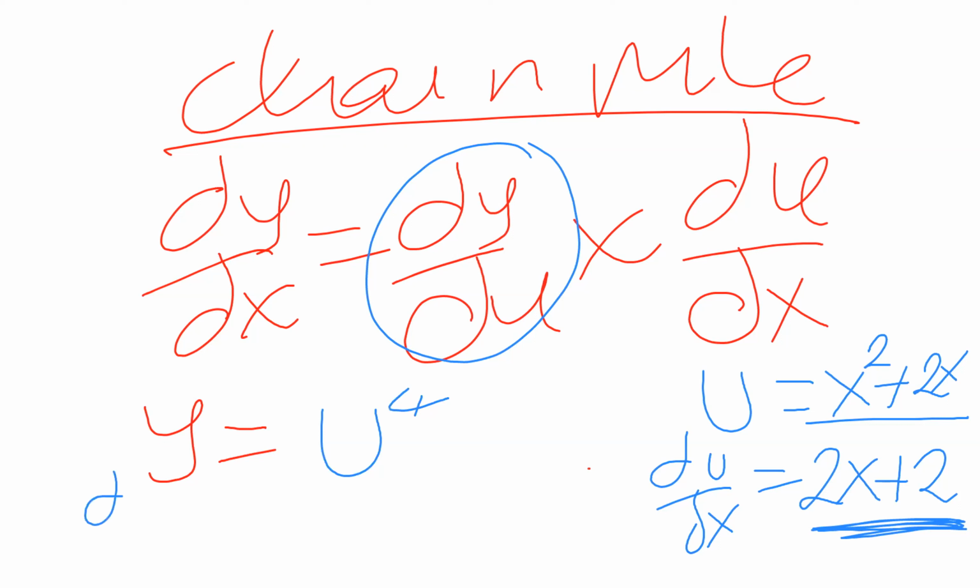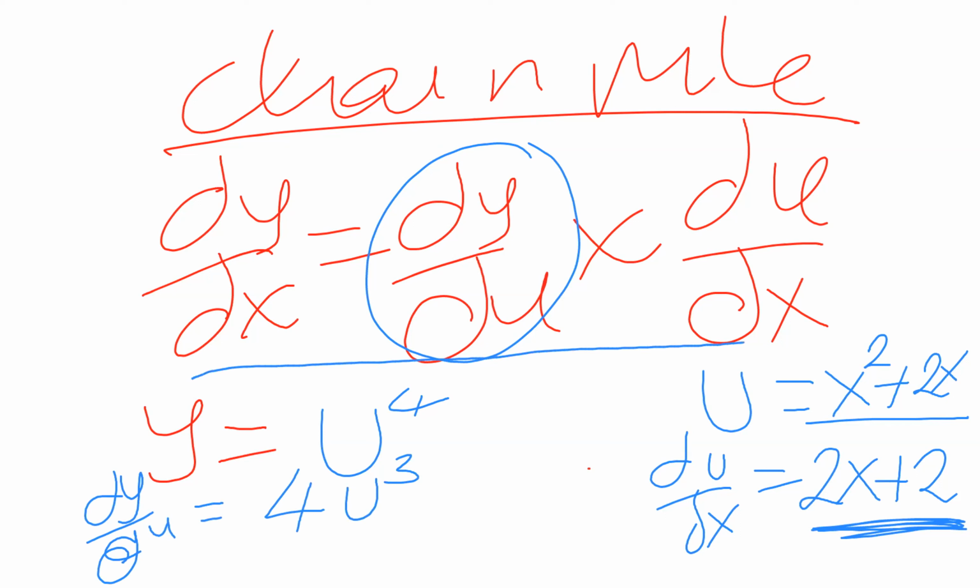To find dy over du, you differentiate this y function with respect to u. So you drop the power 4, u to the power 3. You agree with me? Yes, I do.